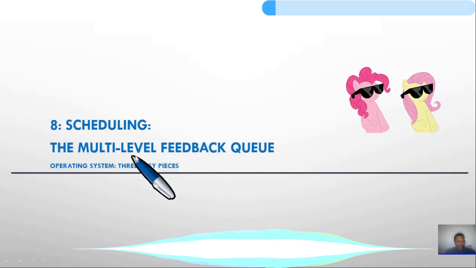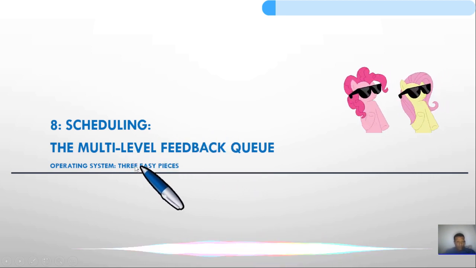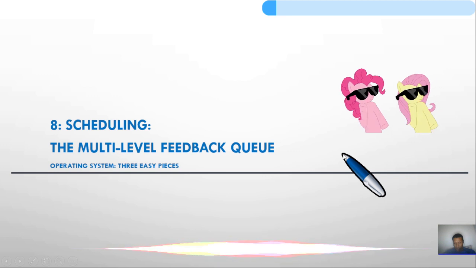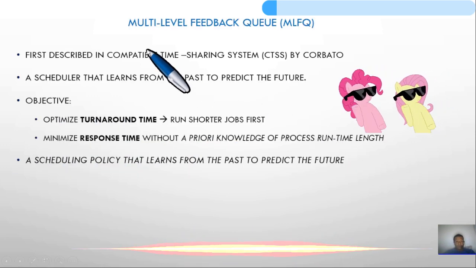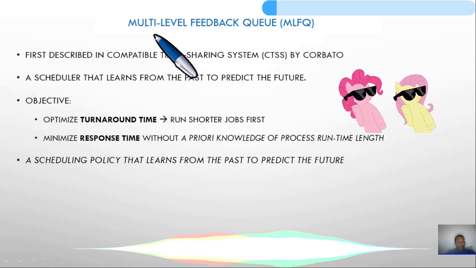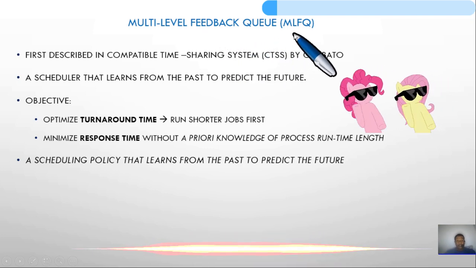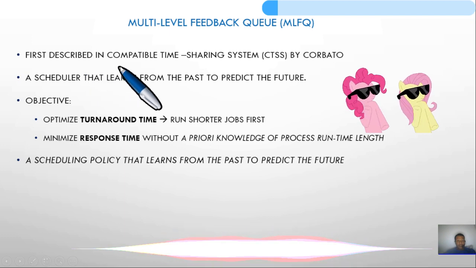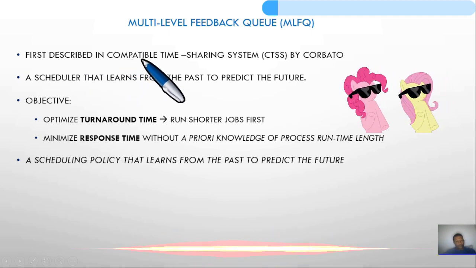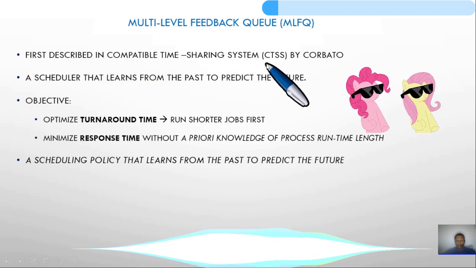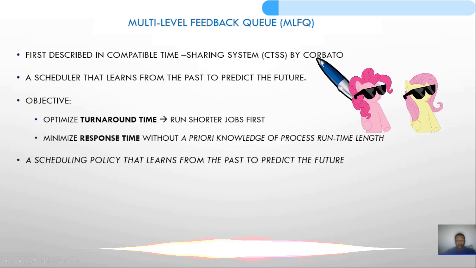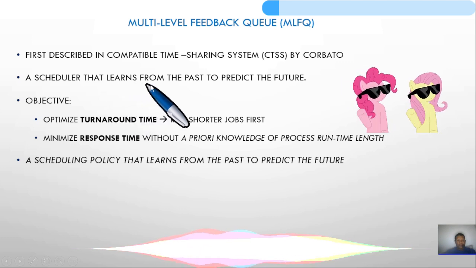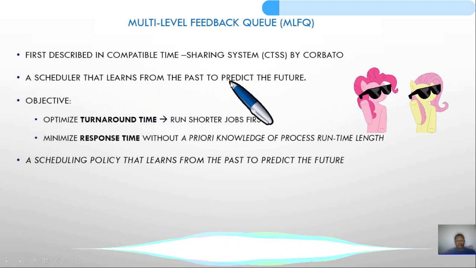So let's see the new level of scheduling, the multi-level feedback scheduler. So let's get into it. As the name says, it is the multi-level feedback queue, MLFQ. It was first described in the Compatible Time-Sharing System, CTSS, by Corbato, and it is a scheduler that learns from the past to predict the future.